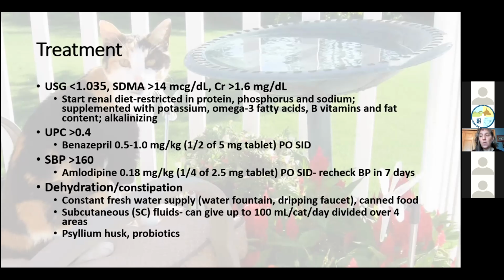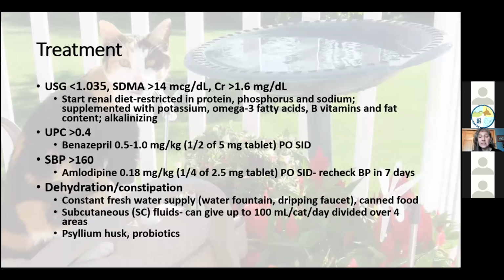Making sure that the water dish is in a quiet area, or ideally multiple areas, and away from noisy appliances. You can give subcutaneous fluids, giving up to 100 milliliters per cat per day, and I usually divide this over 4 areas.